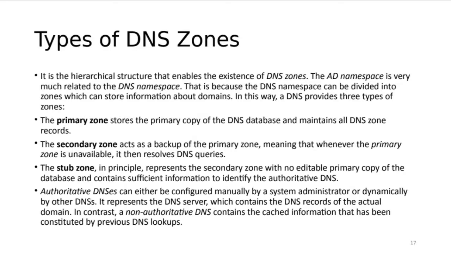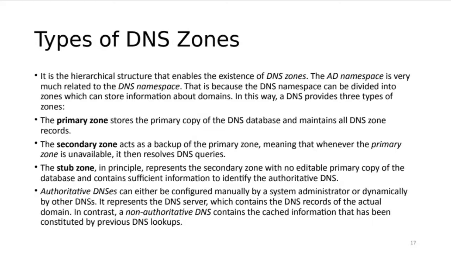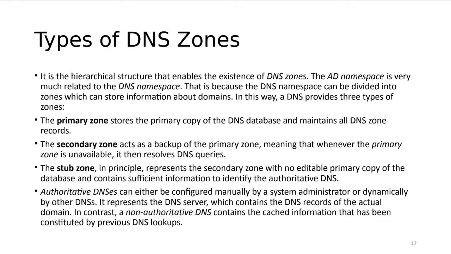Whenever the primary zone is unavailable, the secondary zone will kick in and resolve the DNS queries. We have also the stub zone, which represents the secondary zone with no editable primary copy of the database. It's a secondary but not editable, and contains sufficient information to identify the authoritative DNS.